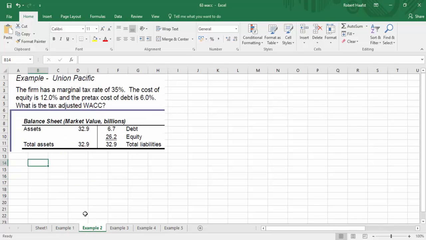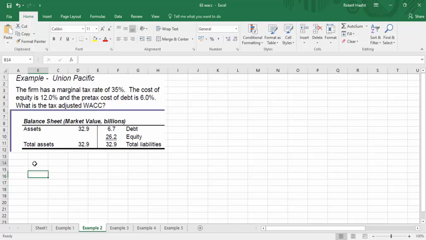Alright, so let's go to another example. Here we have a company that has, again, a marginal tax rate of 35%, the cost of equity is 12%, and the pre-tax cost of debt is 6%. So what would be the tax-adjusted WACC, which is basically the same as the after-tax WACC?